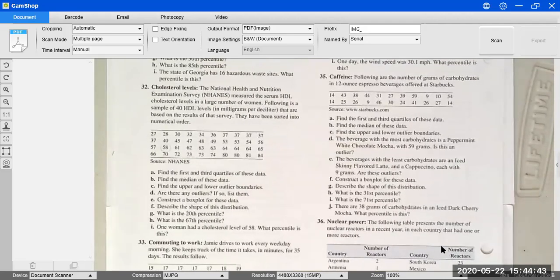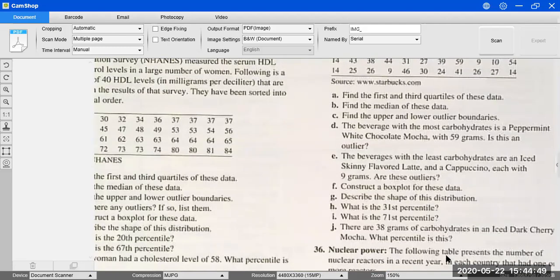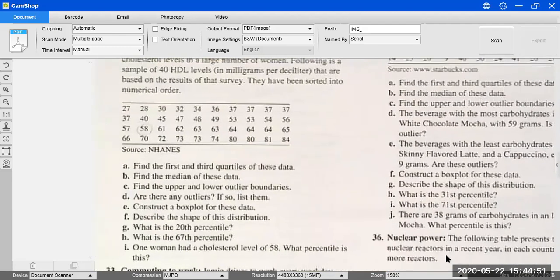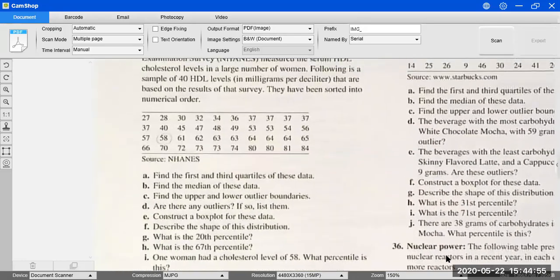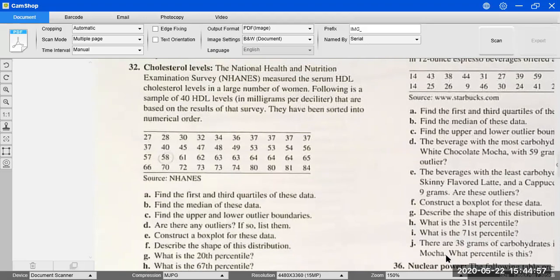So I have here problem 32. So now you need to complete the entire exercise. So you just found before the first and the third quartile for this problem. Then you found also the median. Now you need to find the upper and the lower outlier boundaries and look for outliers.